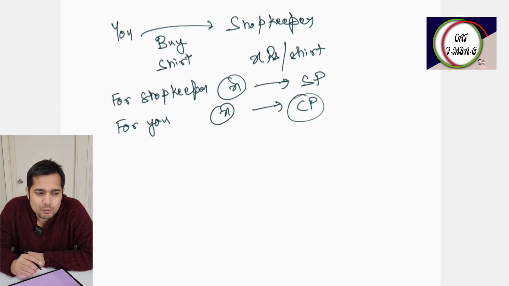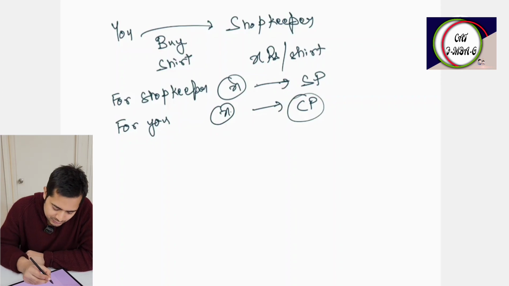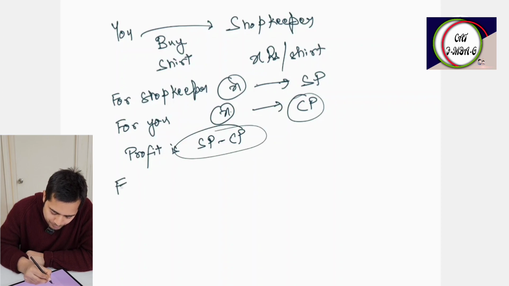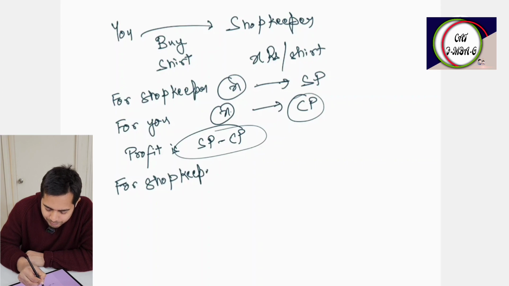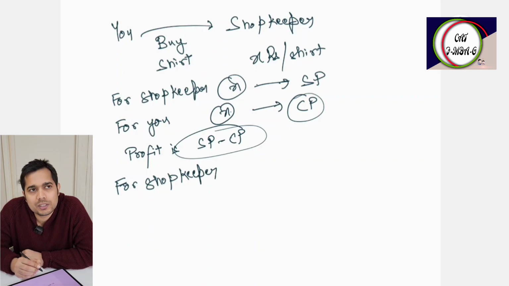So if you want to understand what the profit is, profit is selling price minus cost price. So for the shopkeeper, now the shopkeeper must not have just made the shirt directly. He must have bought the shirt from, let us say, a wholesaler or something.